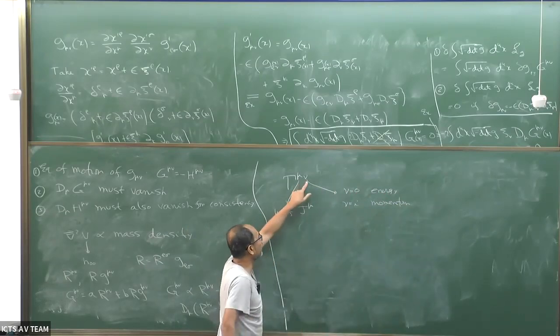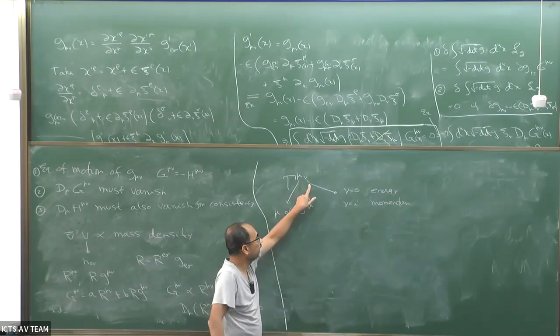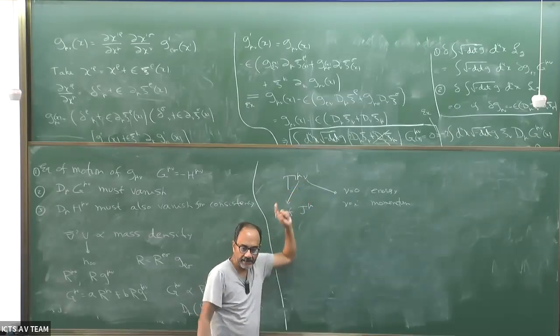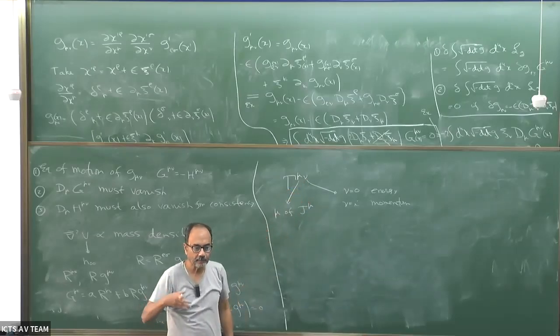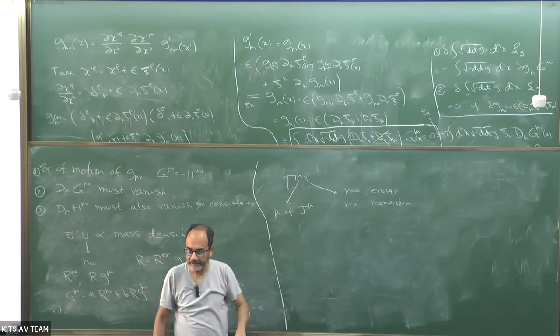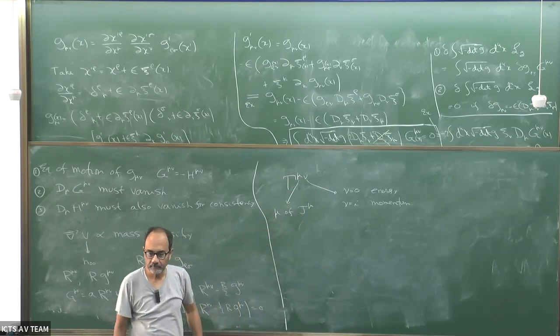So T00 will be energy density. T0i for i equal to 1 to 3 will be momentum density. So Ti0 will be energy current, the analog of the J i with charge replaced by energy. And Tij will be the analog of the momentum current, again the analog of J i with charge replaced by momentum. So this is the kind of structure we expect on the right hand side. Is this clear?